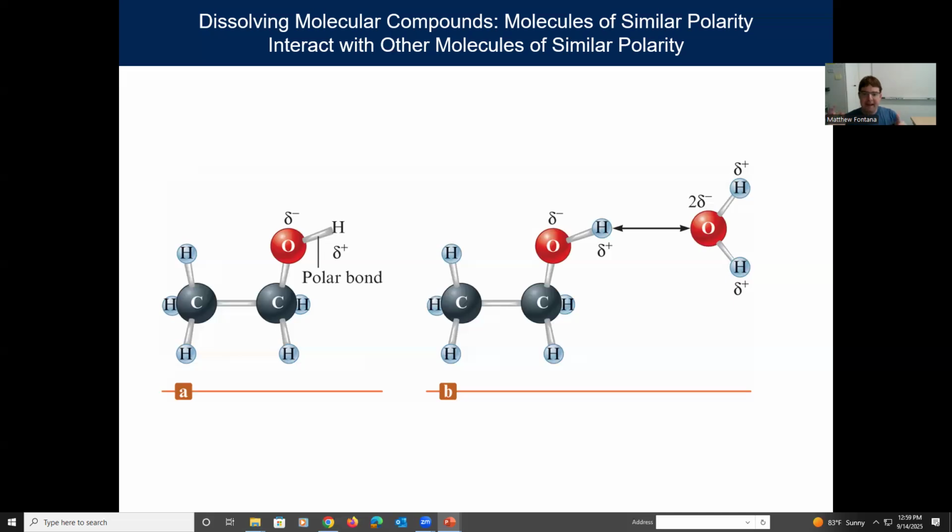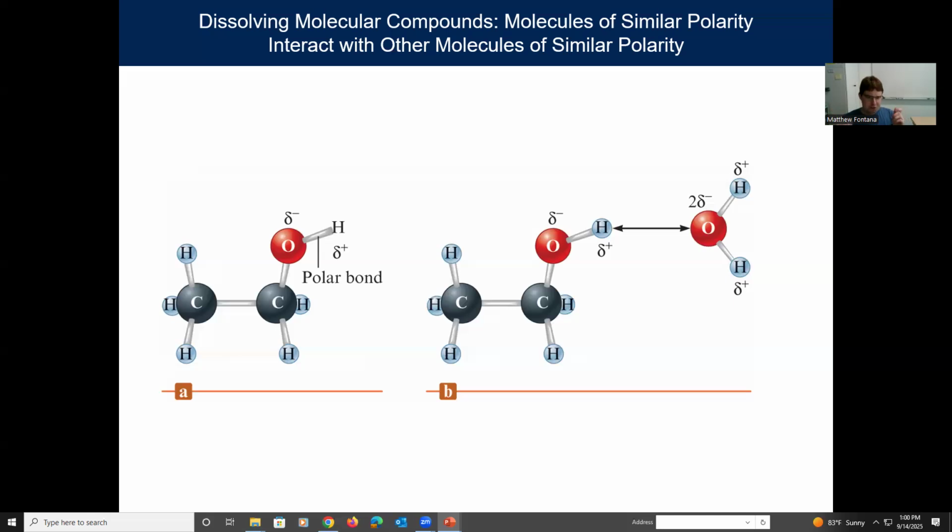That attraction is going to cause the ethanol and the water to interact and mix with one another. We'll develop this analysis later on in the class, but the point is that ethanol and water like to mix because there's an attraction between the two of them. Later on, we'll learn that it's in fact partly hydrogen bonding.